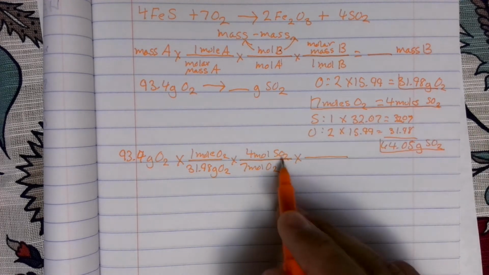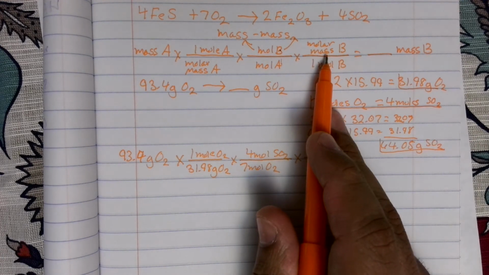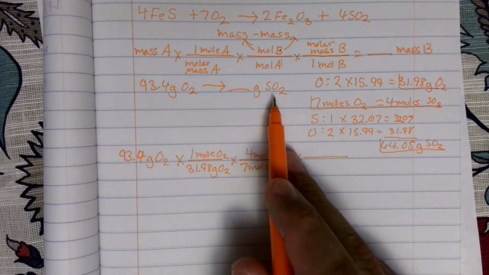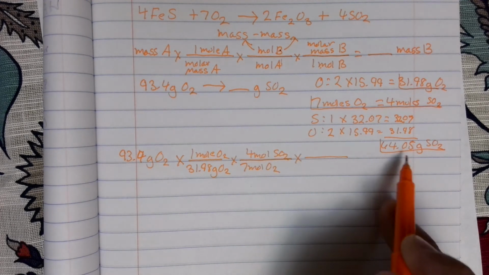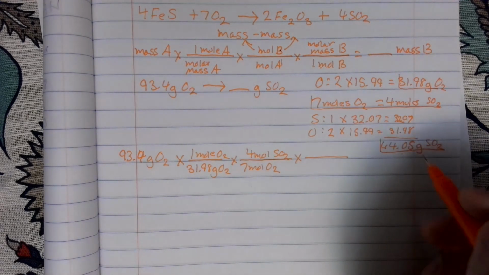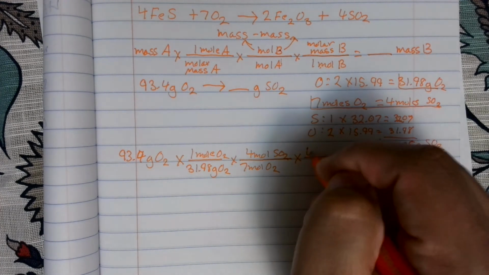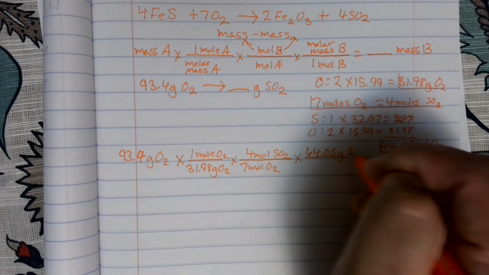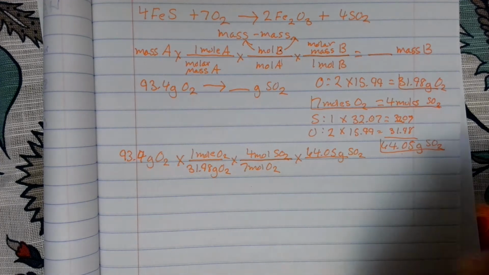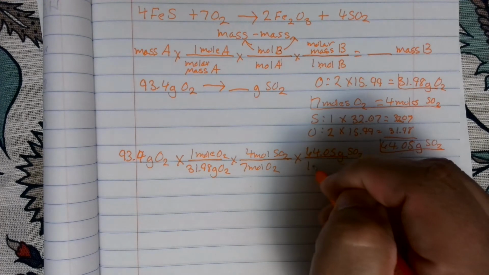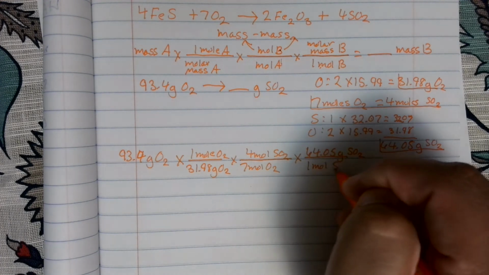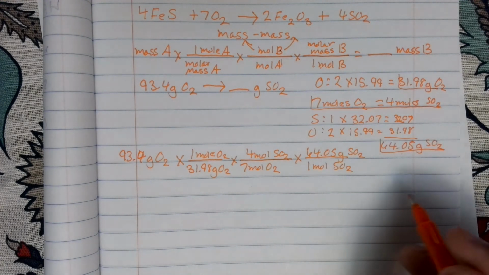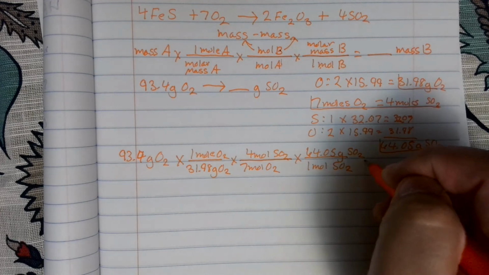And then our final step was the molar mass of the molecule we want, which is SO2. So that's this over here. That goes on top because we need the answer to be in grams. So this should be 64.05 grams of SO2 to every 1 mole of SO2. That's our molar mass. Okay, and from there, that is going to give us our answer.